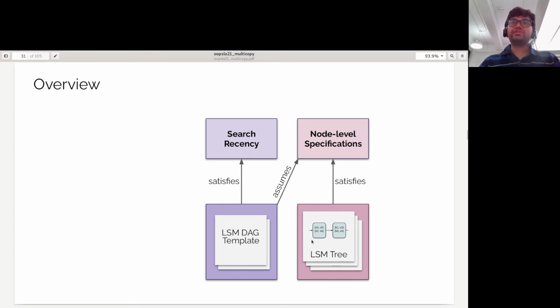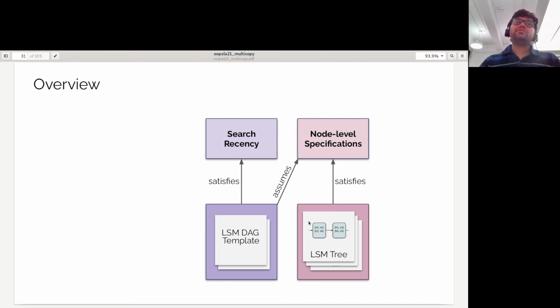To show that the implementation satisfies search recency, we break down the proof into two parts. The first part is that the template algorithm satisfies search recency. The template algorithms make an assumption about how the helper functions will behave, and the second part will show that the implementations actually satisfy those assumptions.